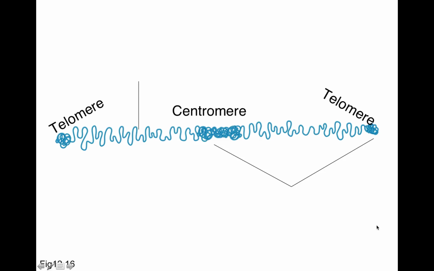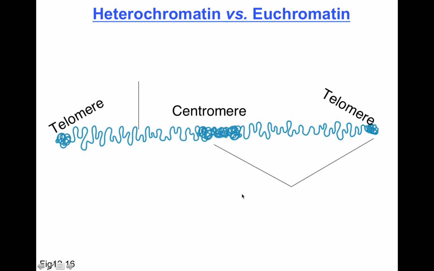A chromosome has regions of chromatin that are very tightly packaged at the telomeres and the centromere, and then regions of chromatin that are more loosely organized. Those two designations are referred to as heterochromatin and euchromatin.